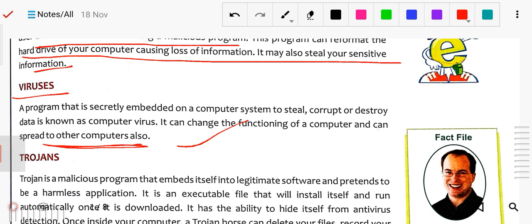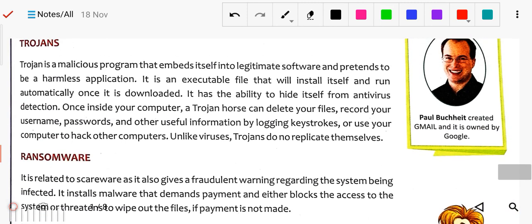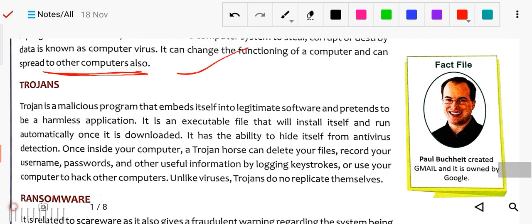Next we have the Trojan. A Trojan is a malicious program that embeds itself into large legitimate software and pretends to be a harmless application. This Trojan will look very useful for you.